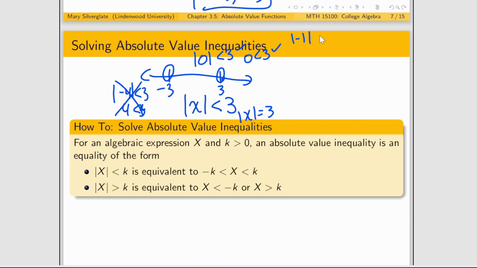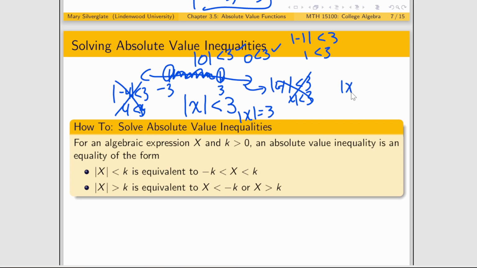Like let's say I took the absolute value of negative 1. Is its absolute value less than 3? It is. The 1 is less than 3. So numbers in between negative 3 and 3 work. And then what about something more positive than 3? Let's say 4. Is the absolute value of positive 4 less than 3? It is not. 4 is not less than 3. That doesn't work. So if I have a less than symbol, that turns into an and statement.